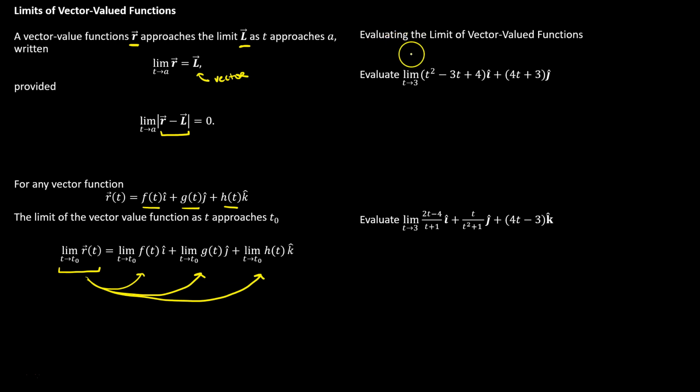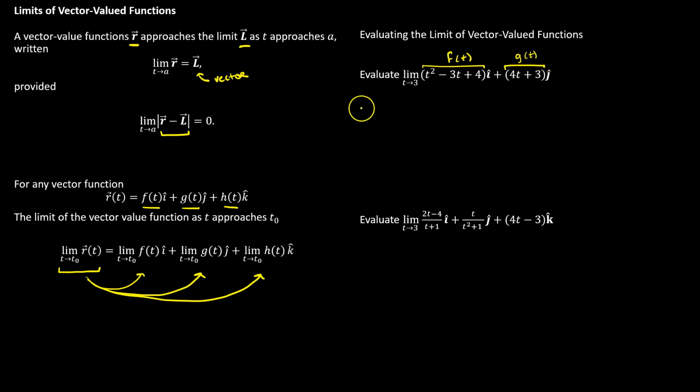So let's try a couple of limit problems. I want to take the limit of the vector function that we see here, t squared minus 3t plus 4 in the i hat direction, 4t plus 3 in the j hat direction. And it might be worth identifying the component functions. The f of t component function is multiplied by the standard unit vector i, and the g of t component function is multiplied by the standard unit vector j.